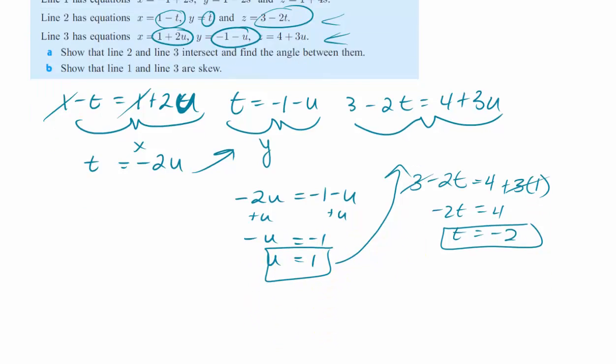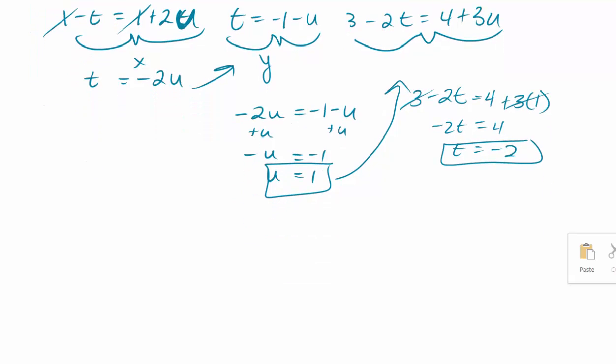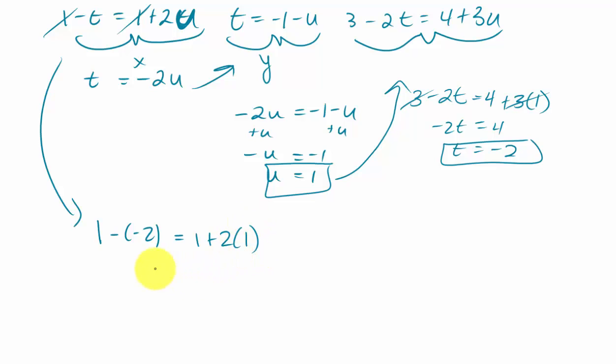We want to check and make sure that u is equal to 1 and t is equal to -2 satisfies all 3 components. So if we plug in to the first one, 1 minus -2 is equal to 1 plus 2 times 1. 1 plus 2 is equal to 1 plus 2, so that works.